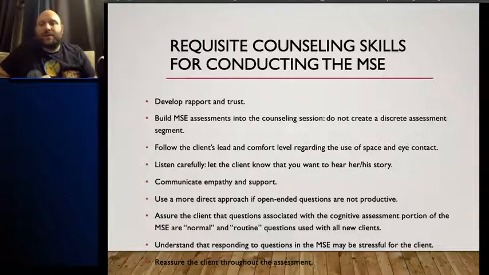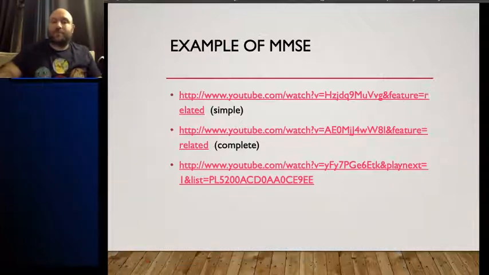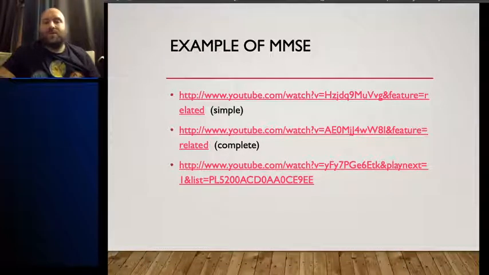And so it takes time, but rapport will go a long way with being able to ask some of the harder questions. But a lot of this stuff comes up as you get to know your client in the normal development of your counseling relationship. And here's a couple examples that you can look at. The Sarabia Center, where everybody will do their practicum.